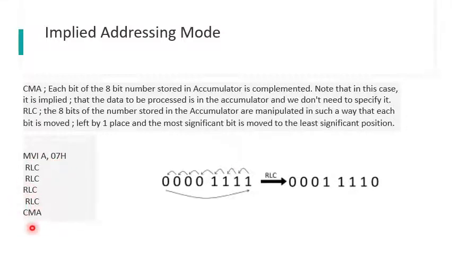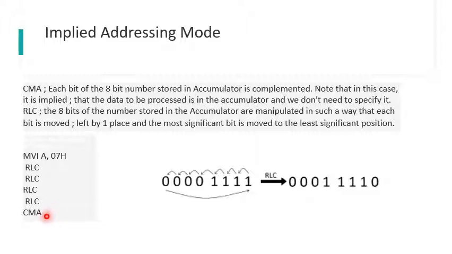Now in the sixth line, all the bits in the accumulator are complemented. So 70, which is being held in the accumulator, is now complemented. Before complementing, the accumulator held a value of 70.